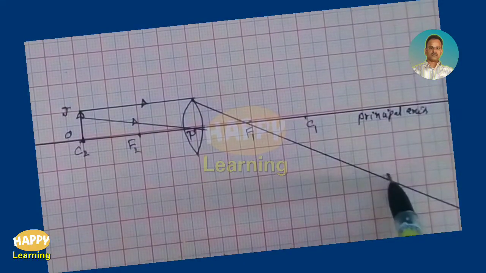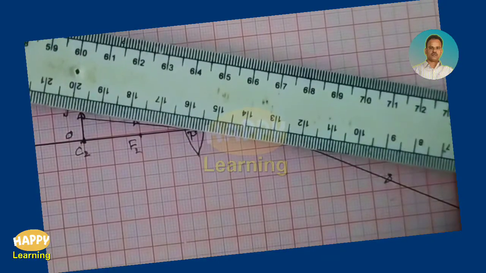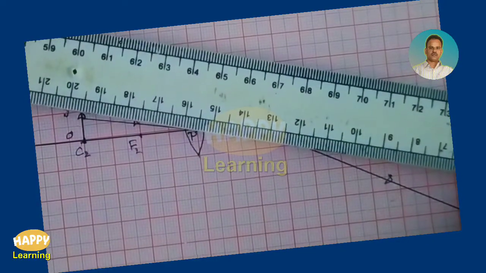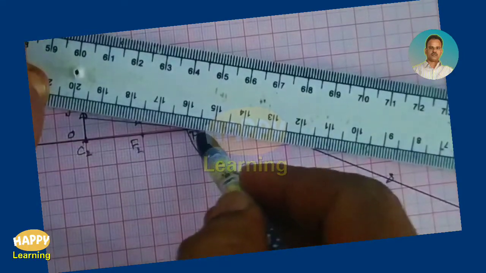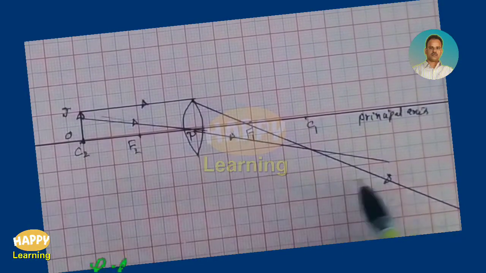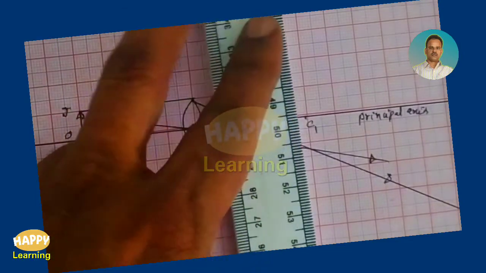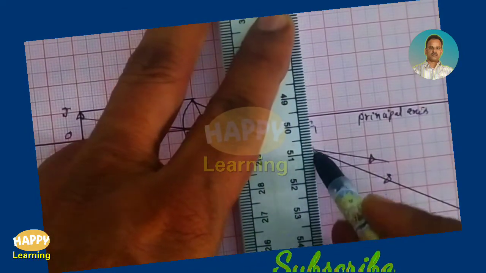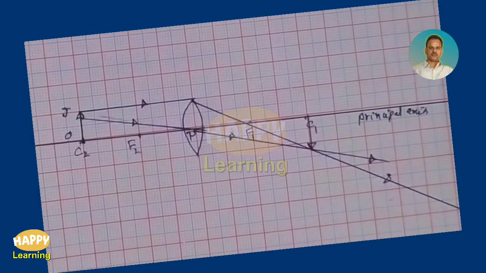Then what about this ray? This ray should pass straight without deviation. Then at this intersection point, we get the image.